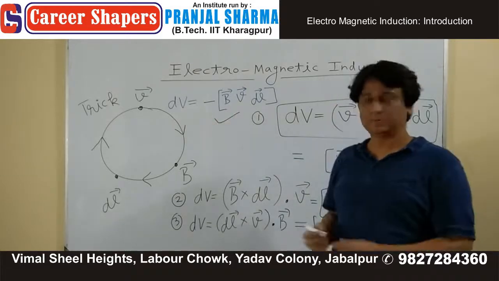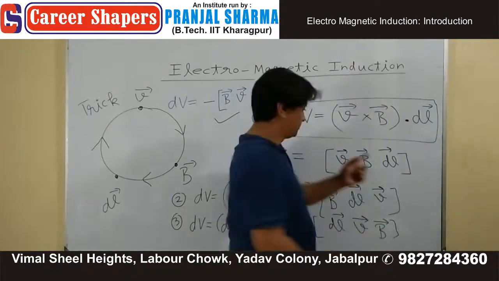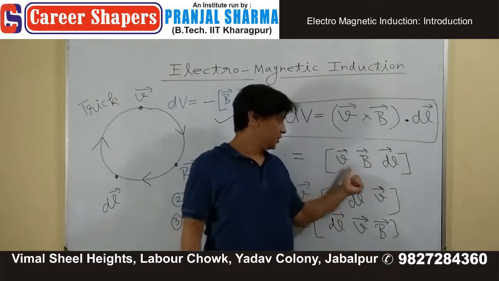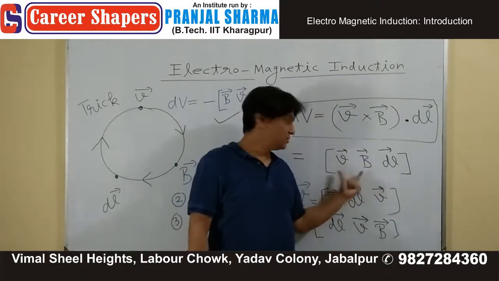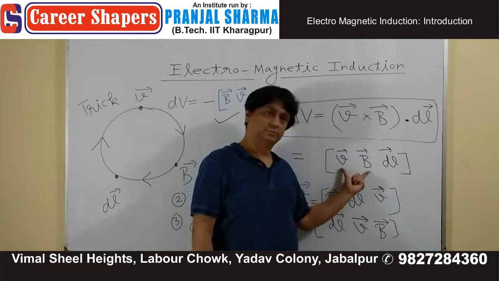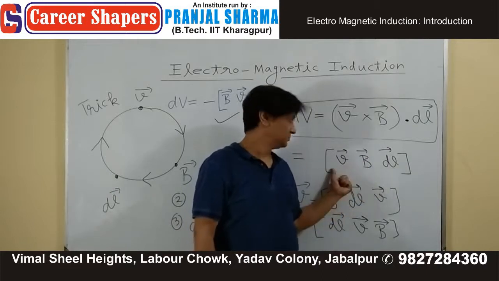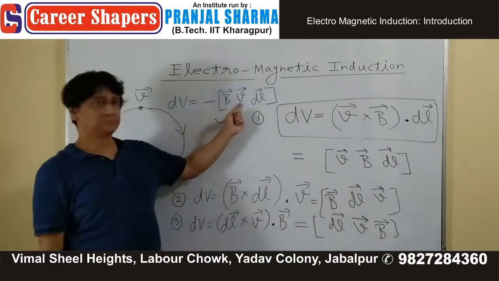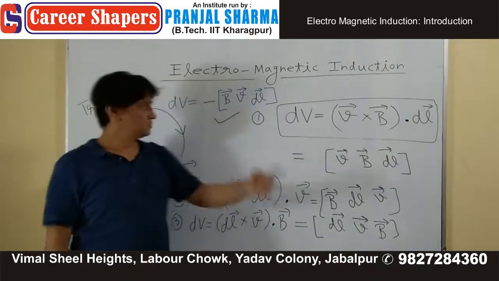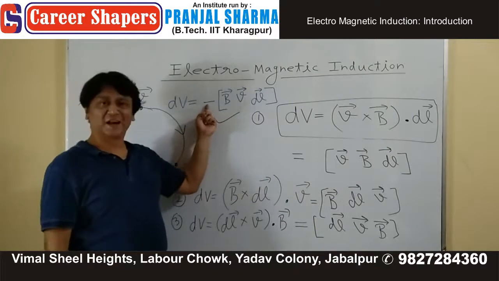What we have done, look at this. This is VB. If you change the order of these two, if you bring B first, it becomes this. Then you just need to put a negative sign.